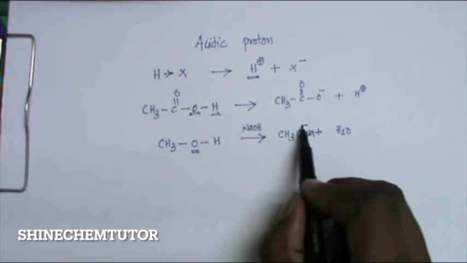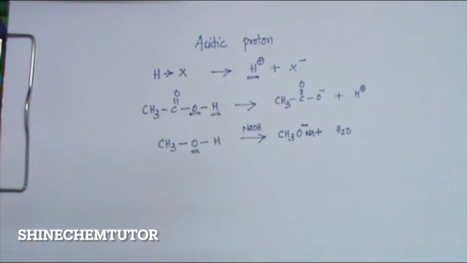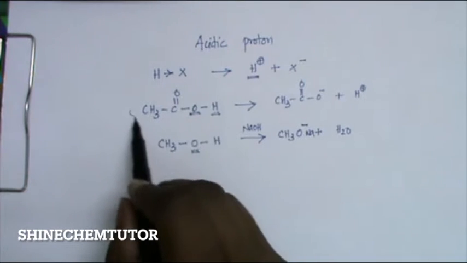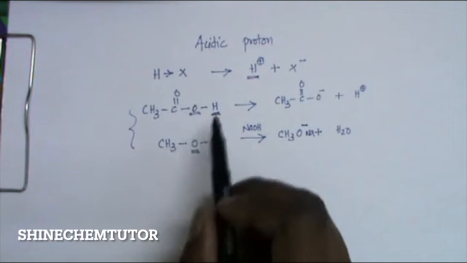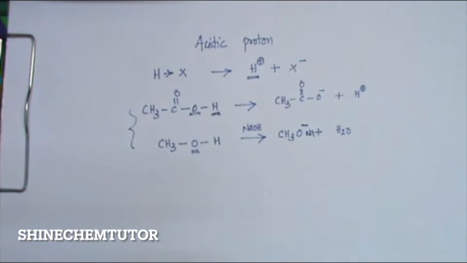So I can get minus charge like this. This is nothing but sodium methoxide. What is the reason? In both the cases, hydrogen is attached with oxygen. But this dissociates readily compared to this. This is more acidic compared to this one.